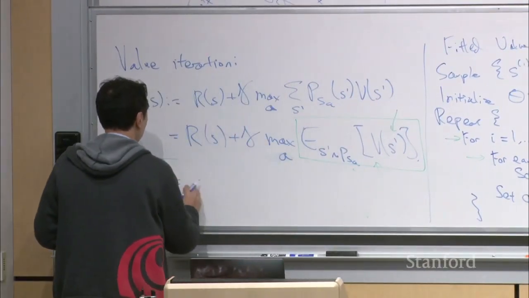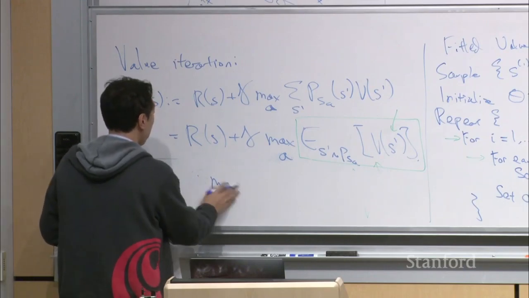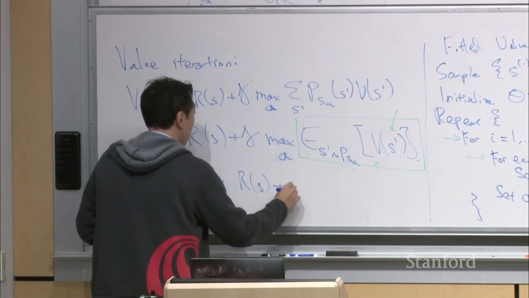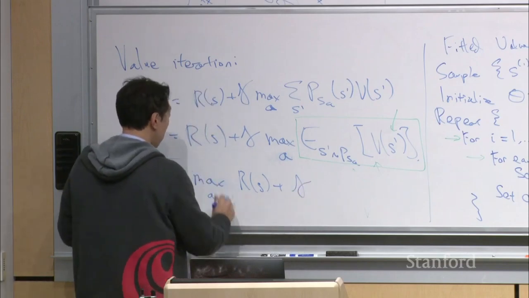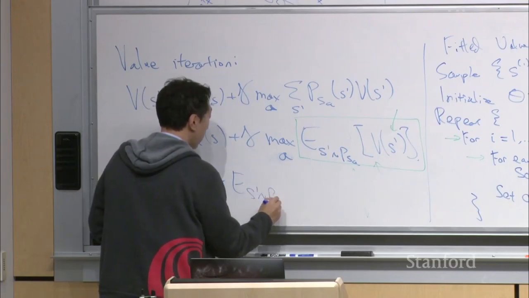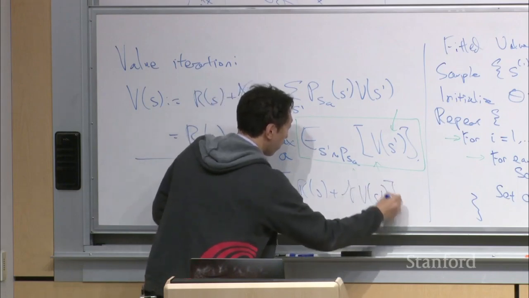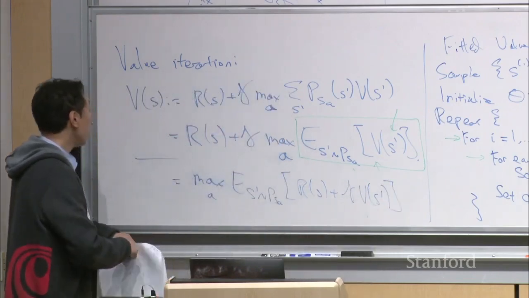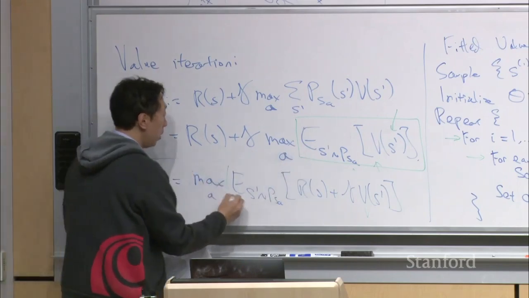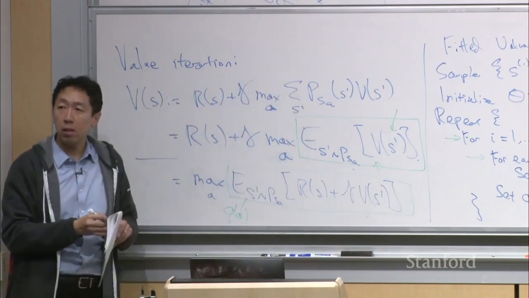So if you write this as max over A of R of S plus gamma, yeah, okay, sorry. So move the max and expectation out, then this is q(a). Okay?